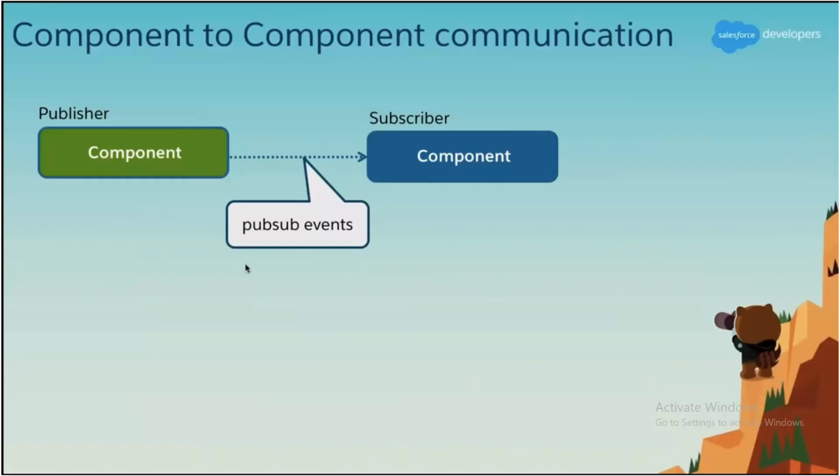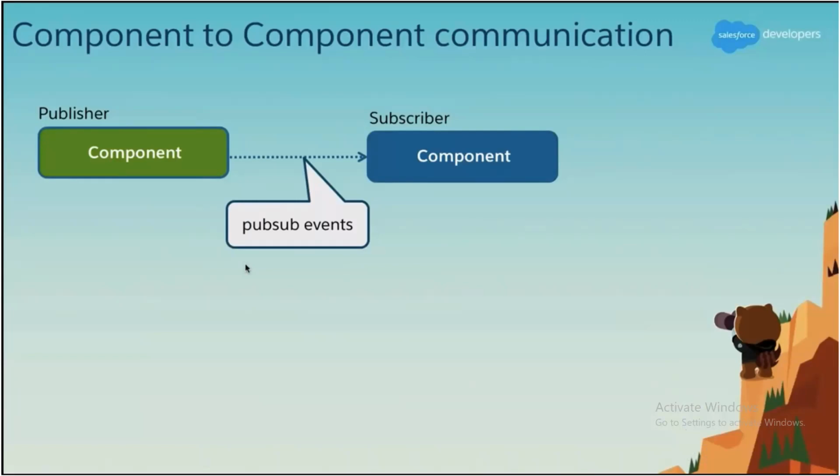If we want to communicate data between these three different systems, in that case we use lightning message service, which is a standard prescription from Salesforce to communicate or transfer data between components so that they can be used within the same lightning page.